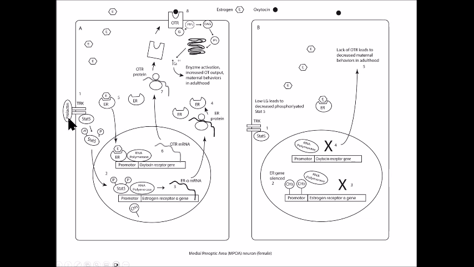Well, when there's licking, prolactin activates the TRK system, activating a protein called STAT5. It gets phosphorylated, moves in, triggers the production of the estrogen receptors.